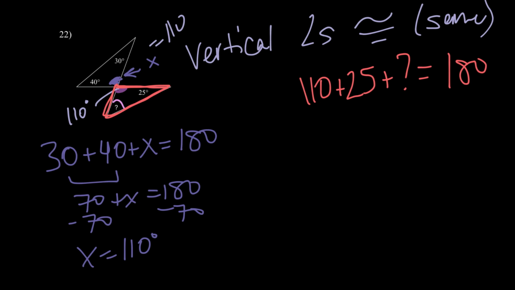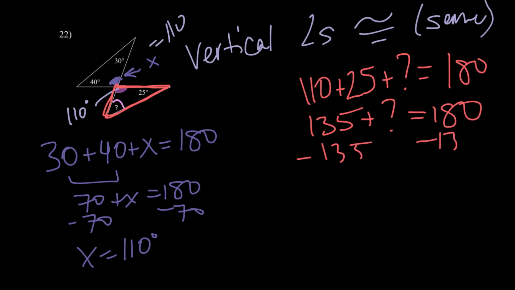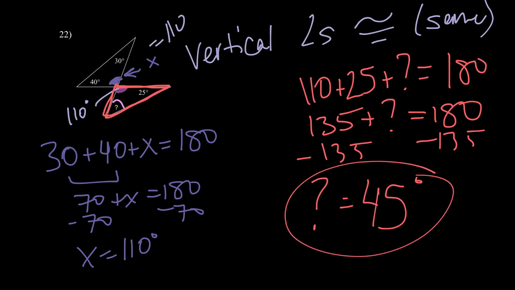Now once I have this set up, I just go through and solve. So 135 plus question mark equals 180. Subtract 135 from both sides, and so we get question mark, our missing angle, equals 45 degrees.